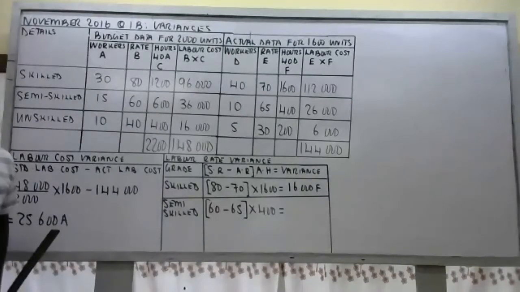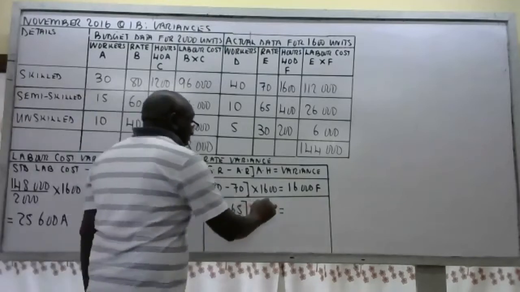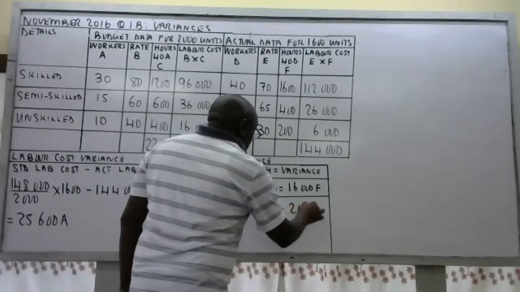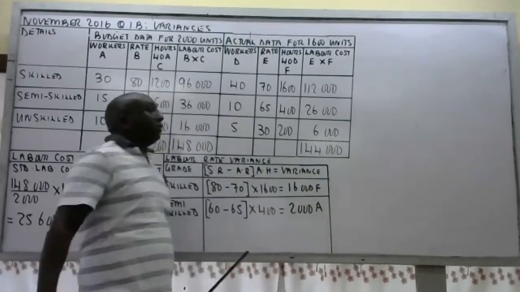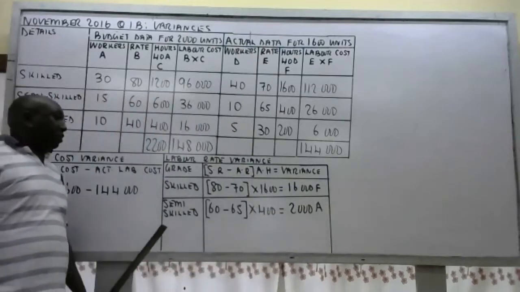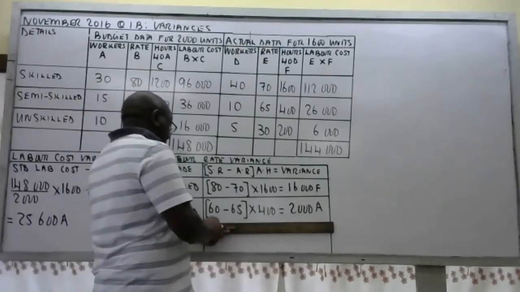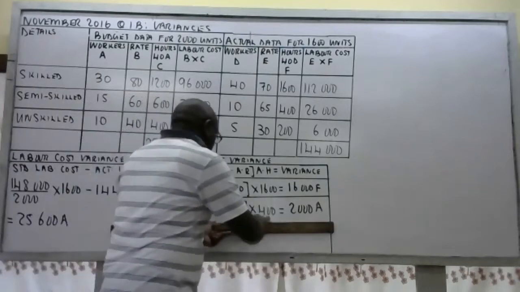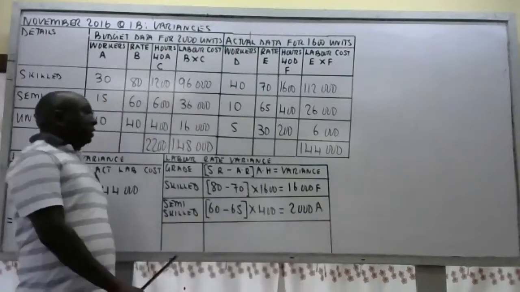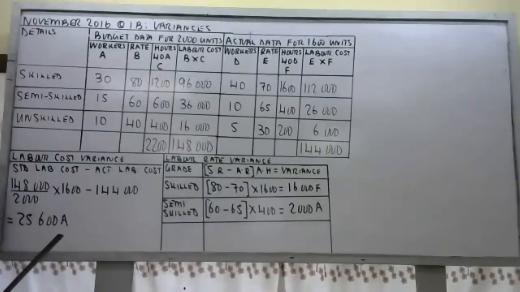So if you say 60 minus 65 times 400, that gives us 2,000, which is adverse. It is adverse because we paid a higher rate.